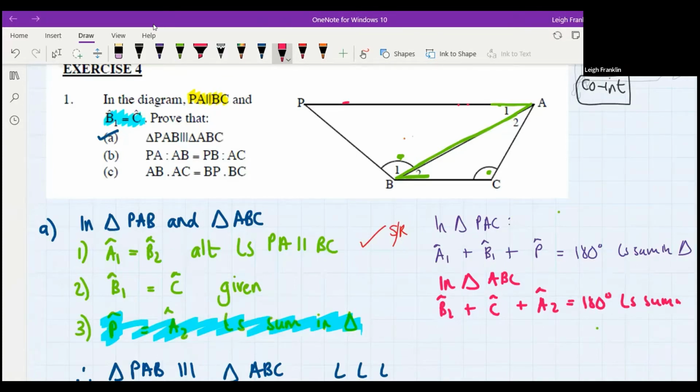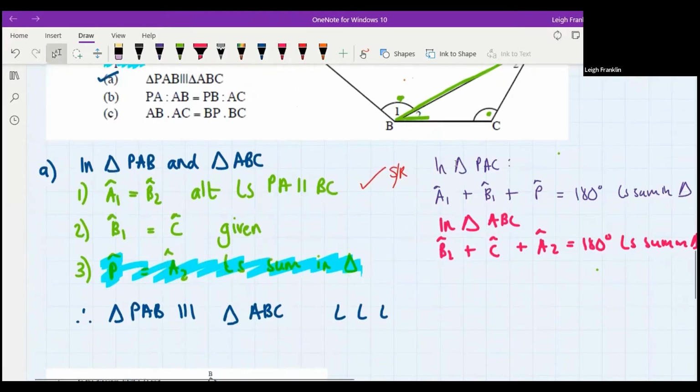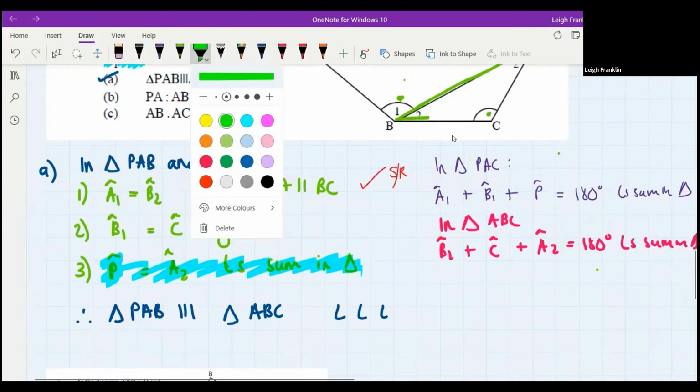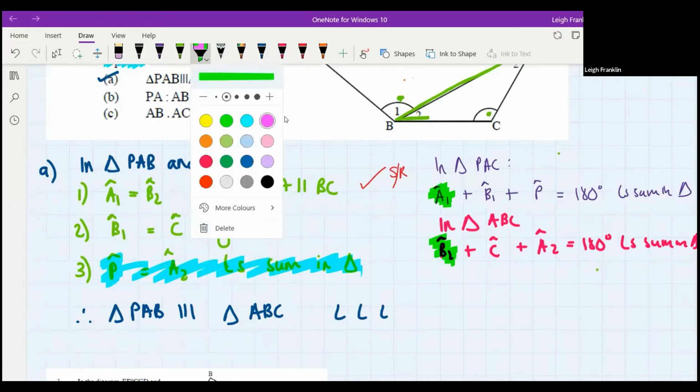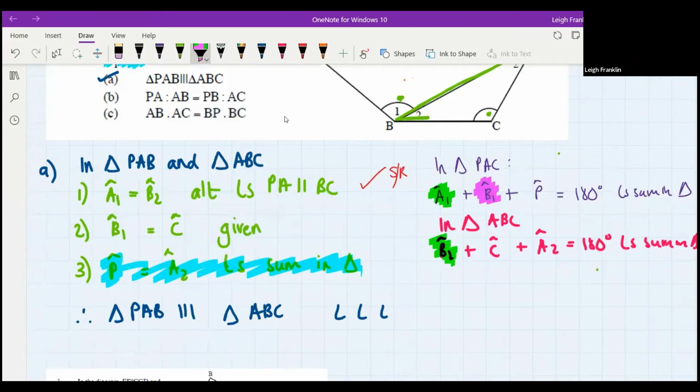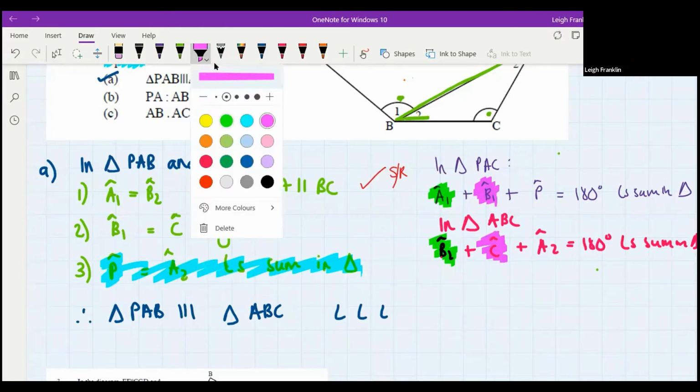Now, if you have a look at this statement, what's so interesting is this: if angle A1 and angle B2 are equal to one another, and if angle B1 and angle C are equal to one another, then the remaining two angles have to be equal to each other.